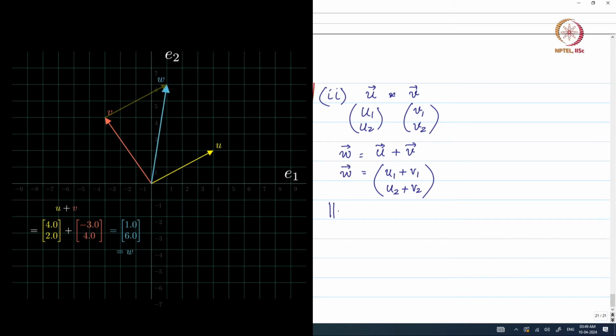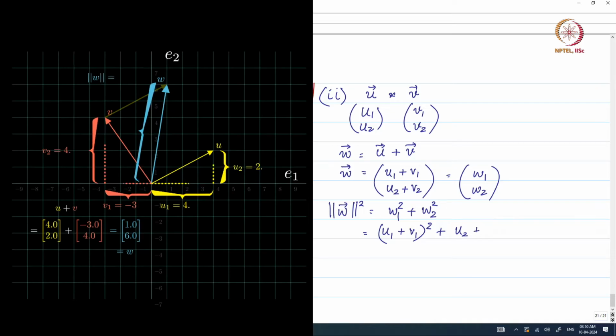Now let us look at the norm of this w vector. Suppose the two components of w are w1 and w2, which are essentially equal to u1 plus v1 and u2 plus v2. So the norm squared of w is going to be w1 square plus w2 square, which I am going to write as (u1 plus v1) the whole square plus (u2 plus v2) the whole square.